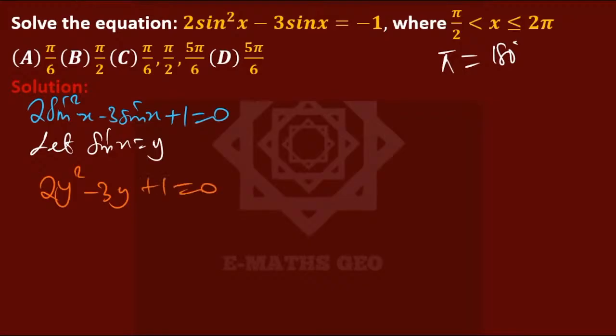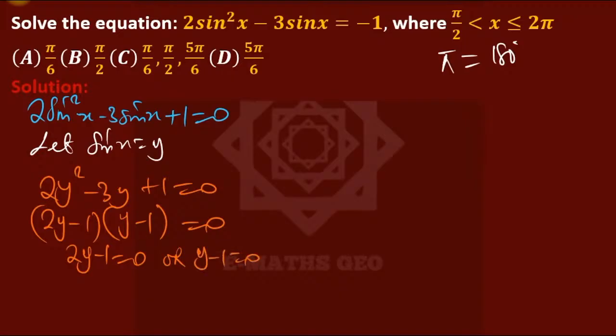This is a quadratic equation, and we first factor the left hand side as 2y minus 1 times y minus 1 equal to 0. For the product of two numbers to be 0, one of them must be 0. So either the first one is 0 or the second one is 0. So y is half, or y is 1.